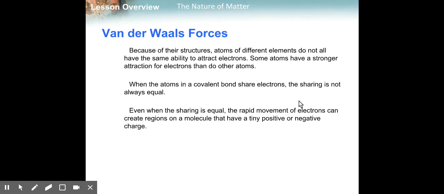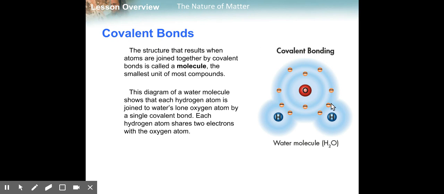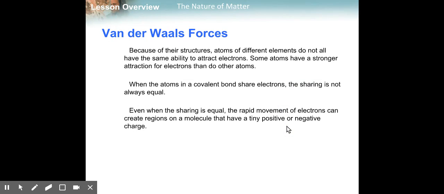Van der Waals forces. The water molecule is a good example of unequal sharing of electrons. Let me go back to that a second. Because of the way these atoms are designed, the electrons are shared, but they're not shared evenly. We'll talk about that more in a later lecture, but when that happens, sometimes it causes parts of the molecule to be charged.